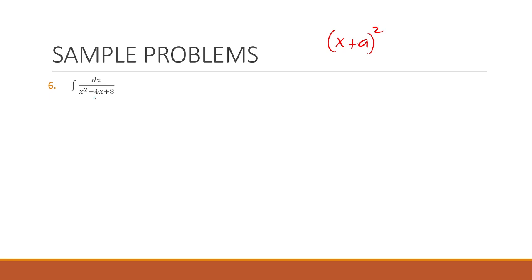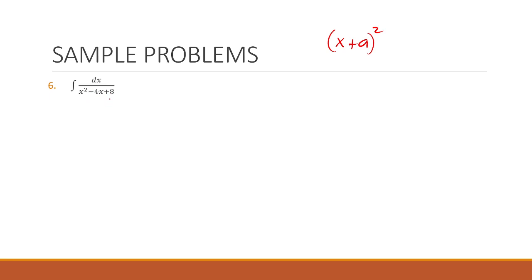Pero basically, class, for this particular integrand, itong 1 divided by x squared minus 4x plus 8, if you try to decompose using the techniques in partial fraction decomposition, you'll find out na this is already the simplest form. Okay? Kasi nga, itong x squared minus 4x plus 8, if you try to factor, ito ay actually irreducible na quadratic expression. Okay?